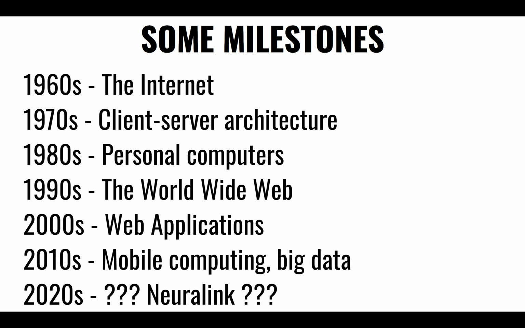Some of the milestones: the internet, and the client server architecture, splitting the idea of who is the owner or centralized storage of all the content, all these files, and then you have clients that only ask for the subsets of the documents that they need. We still use the same architecture, developed in the '70s.